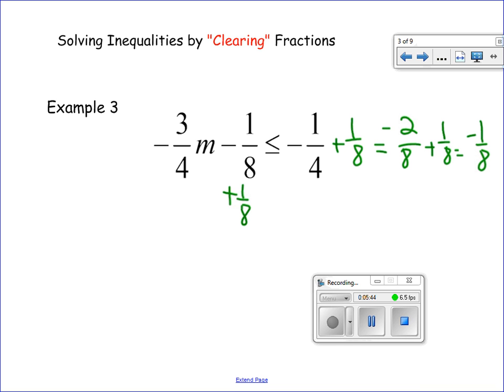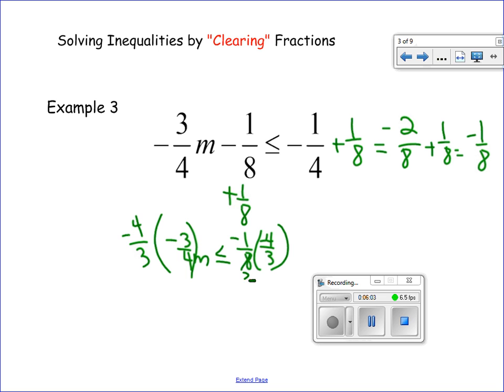So now we have -3/4 m is less than or equal to -1/8. Then we're going to multiply each side by the multiplicative inverse. Simplify.